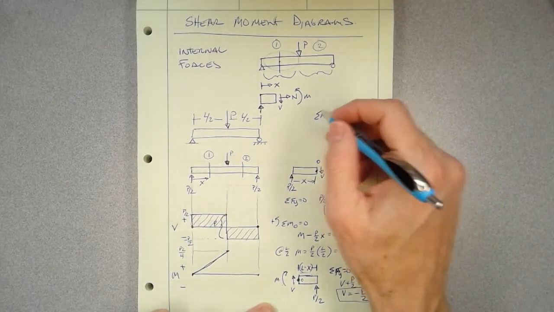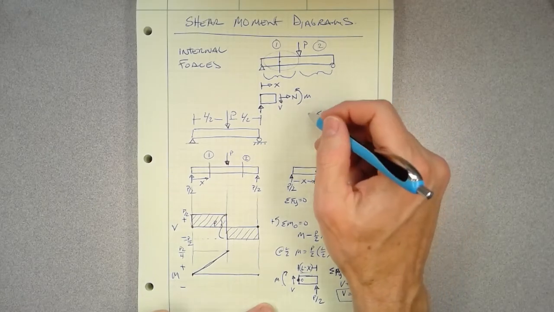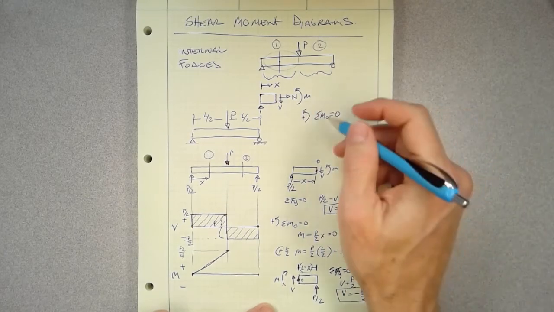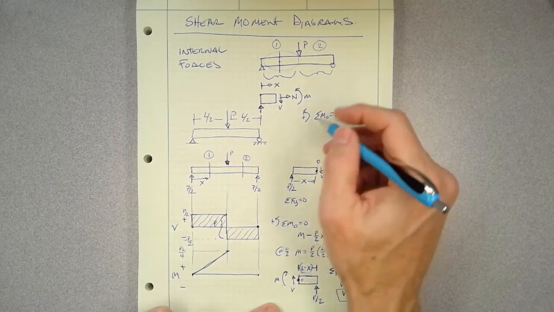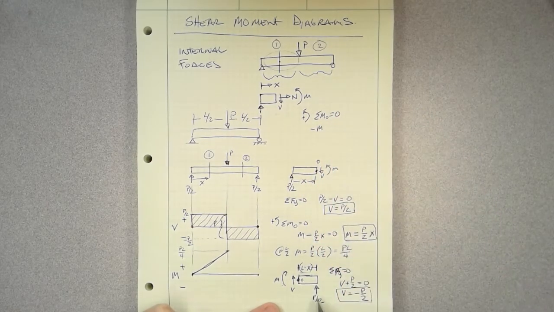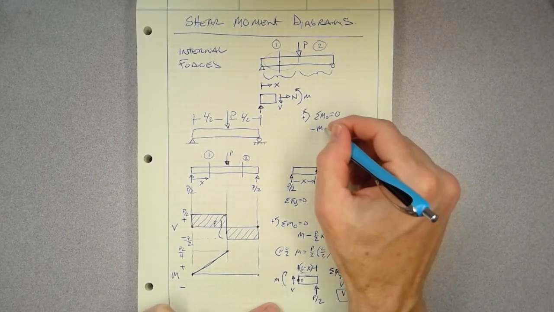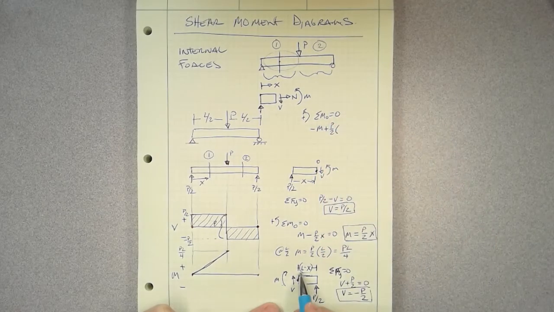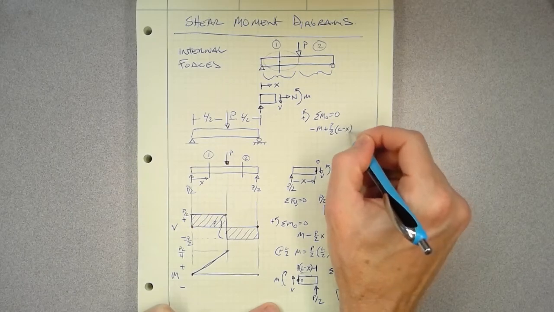This time what I'm going to do is I will say counterclockwise is positive again. And so what we're going to have is minus M, and then P over 2 is going to create a positive moment. So that is going to be a positive P over 2 times the distance, which is L minus x there.